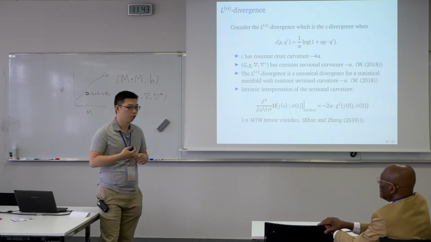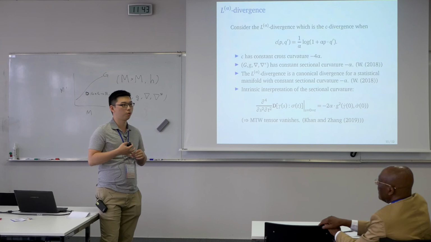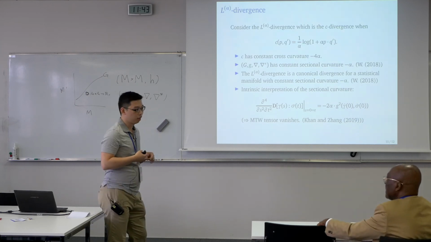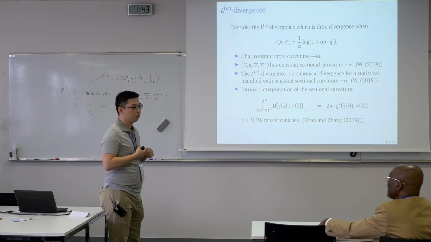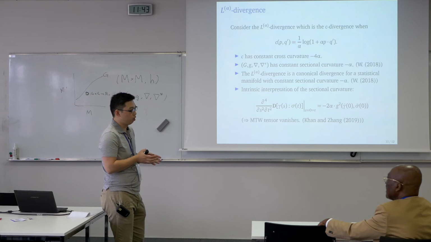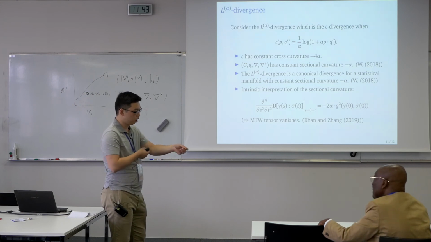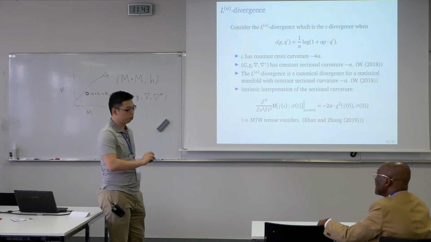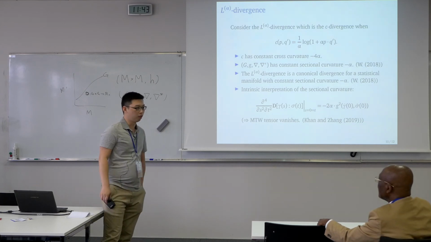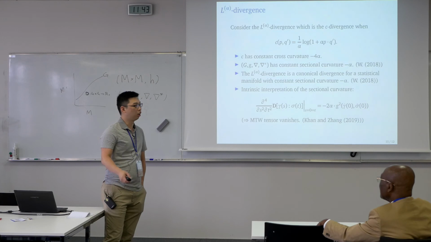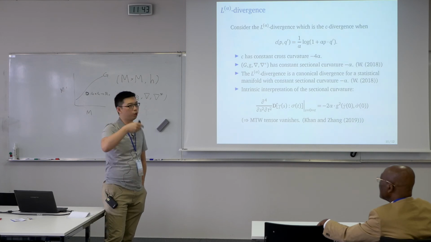It's possible, and I think we have some ideas on that, but it's possible that you can extend a divergence on the diagonal to all the space, right? It's possible, but we haven't worked through it.